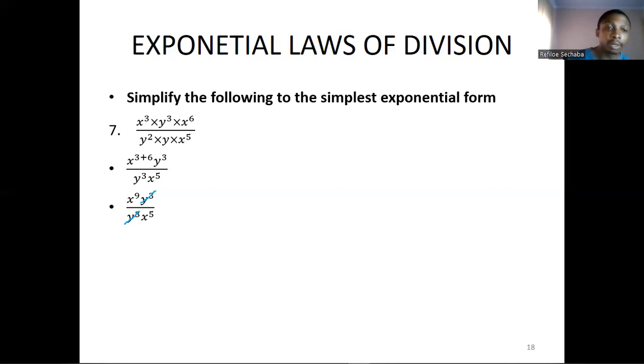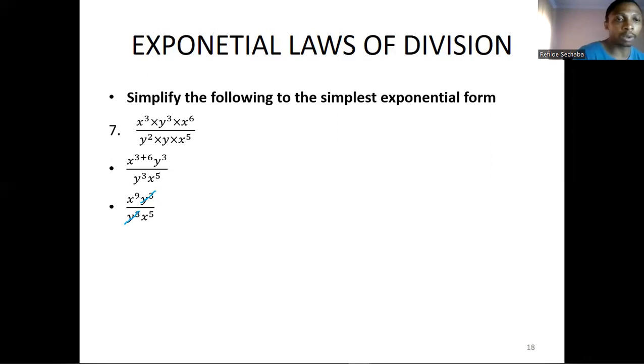Later on, when you get to grade 10, 11, and 12, you realize that it's possible sometimes to cross out binomial factors and trinomial factors. Obviously, factors are simply two terms that are multiplied, right? In that case, you're going to have a bracket of binomial multiplied by another bracket of binomial divided by a bracket of binomial multiplied by another bracket of binomial.